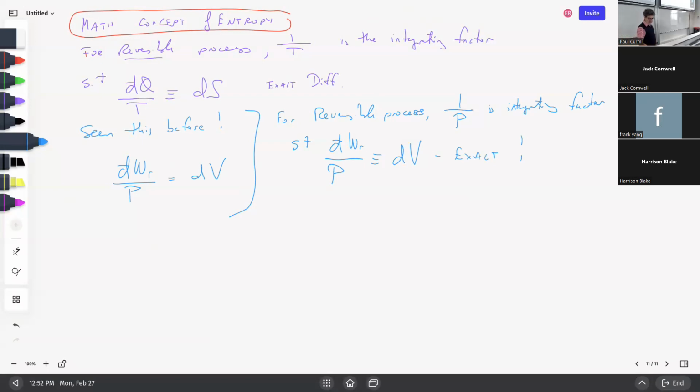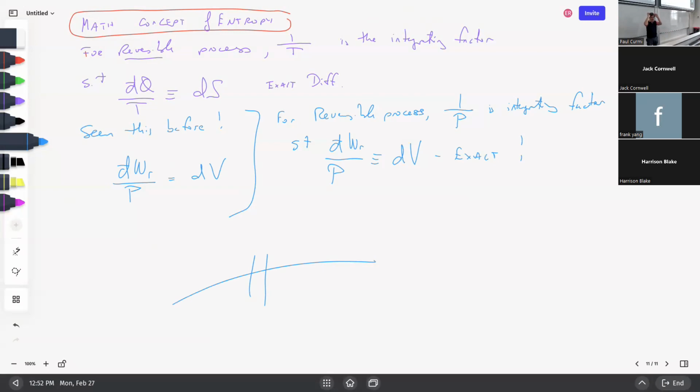Okay, so always reversible processes. If they're not reversible, none of this works. Okay, but you're moving between inexact differentials and exact differentials, and the way you're doing it is by finding integrating factors. This is the mathematical approach to thermal physics.